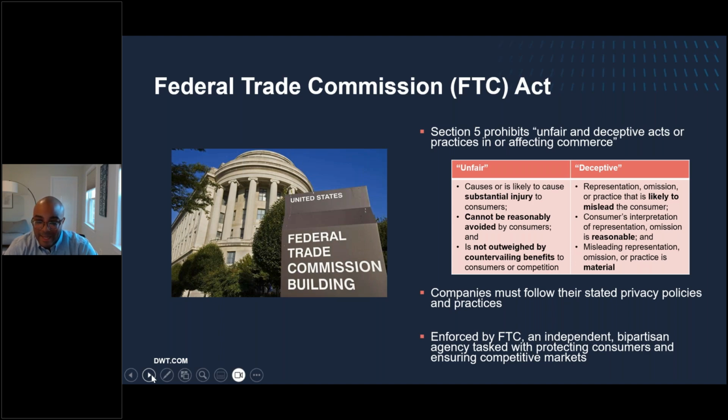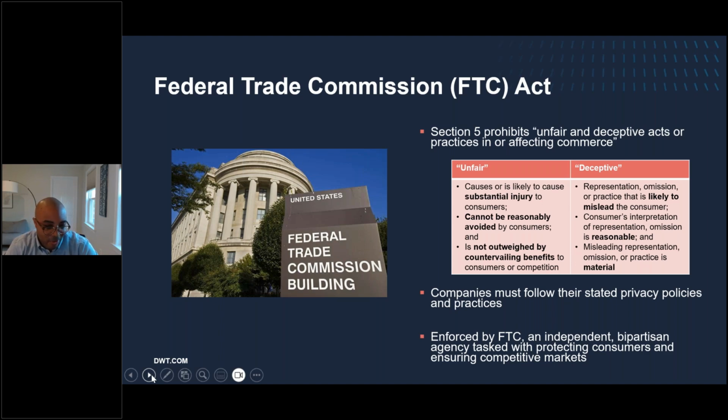Nonetheless, because of the general prohibition on misrepresentations and misleading statements, companies over time have incorporated language in the privacy policies they've published, and I'm sure you've seen these, where they describe how they collect data, with whom they share data, the various bases on which they process data, et cetera. Those statements, if misrepresentative, could run afoul of Section 5 of the FTC Act.